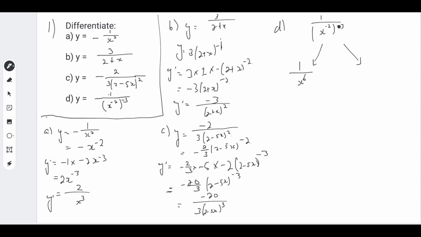We can do that. Remember our index laws. If something is in big brackets to the power of something, then these 2 terms would multiply each other. And from there, we can write that as x to the power of minus 6. And so y prime would be minus 6x to the power of minus 7, right? Or just minus 6 over x to the power of 7.